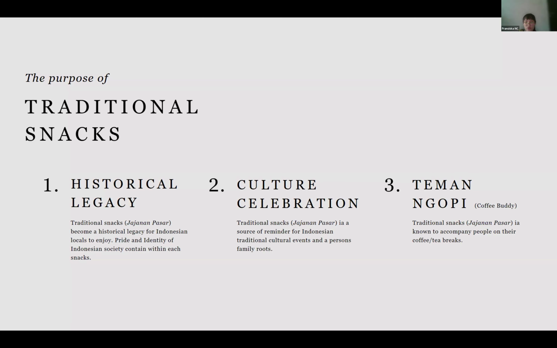It is a reminder of Indonesian traditional cultural events and a person's family roots. And the third one is teman ngopi, or you could say a coffee buddy.